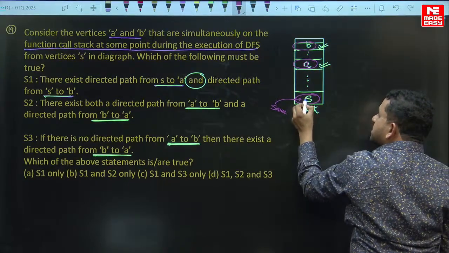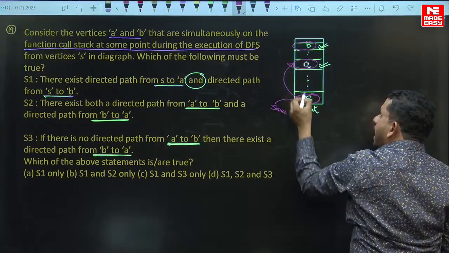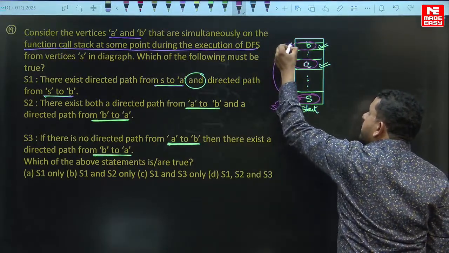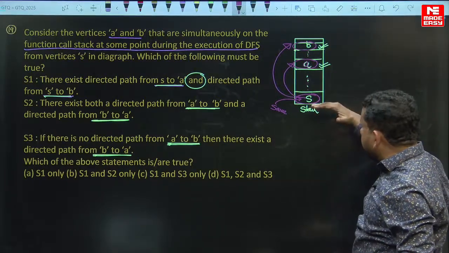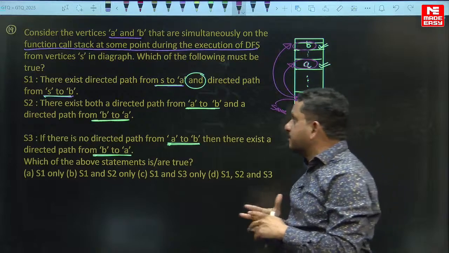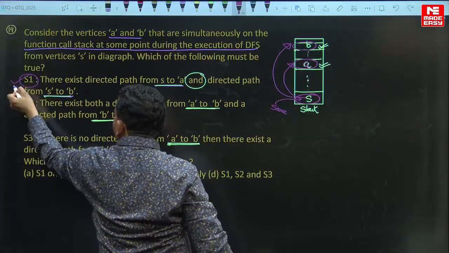That means there must be a path from S to A, and also from S to B. Only then are A and B in the stack along with S. The first statement is true.